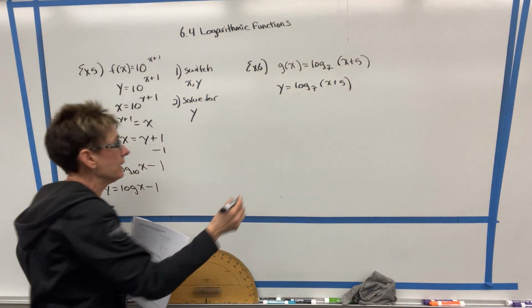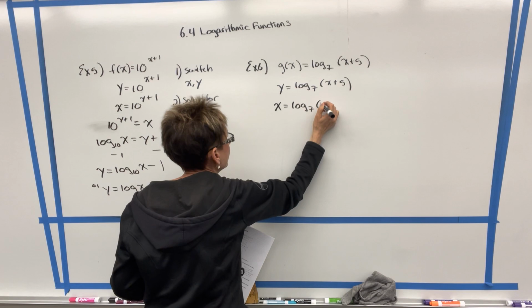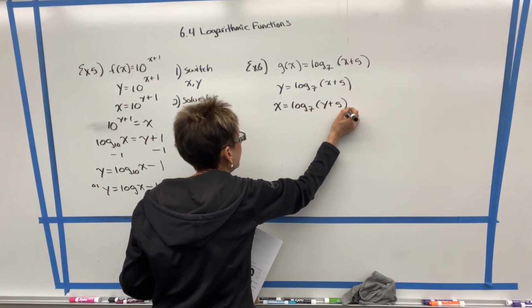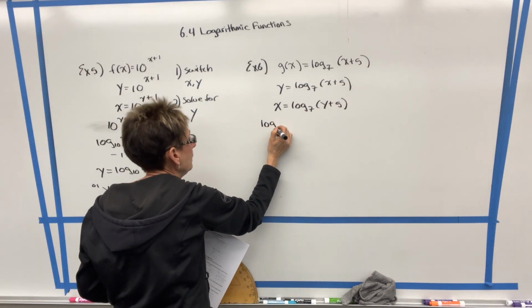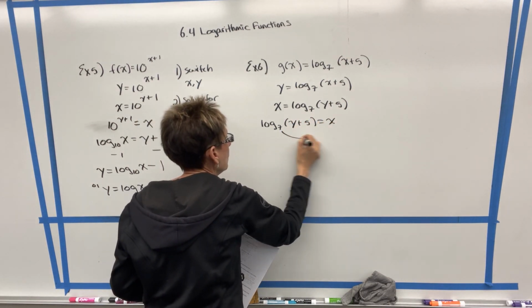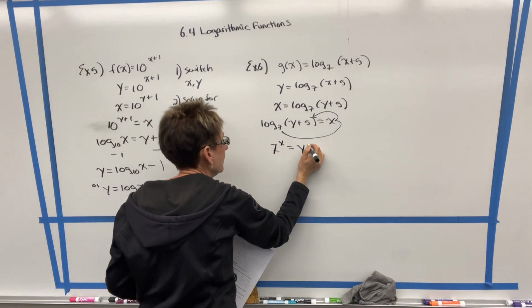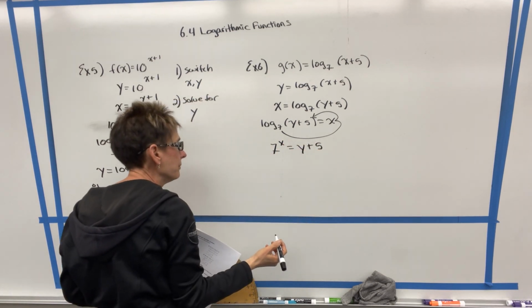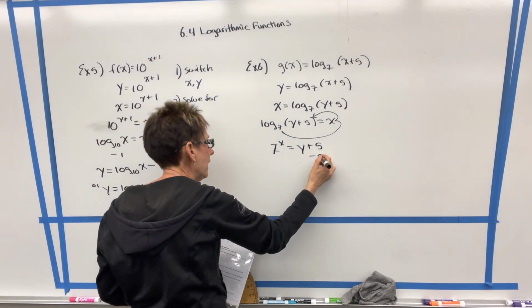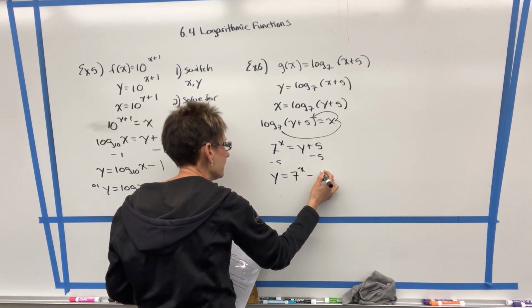I need to switch the x and y. So I'm going to write this as x equals log base 7 of y plus 5. And then I want to reformat. So I'm going to do 7 to the power of x equals y plus 5. And then I would subtract 5 from each side. And I would get that y is 7 to the x minus 5.